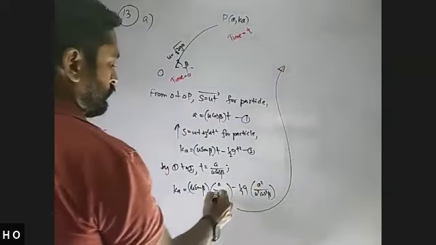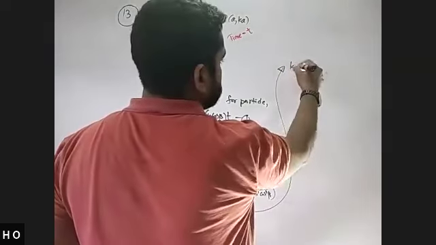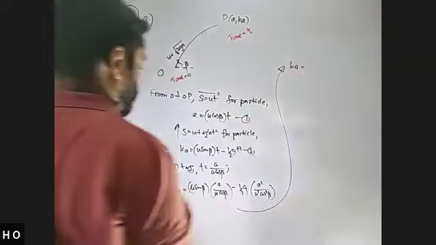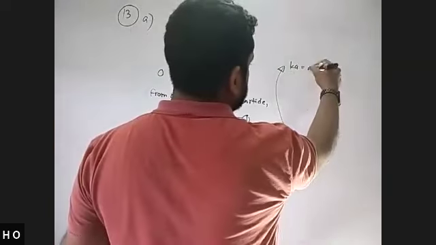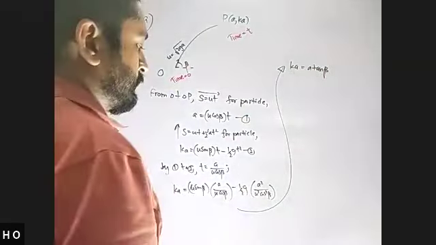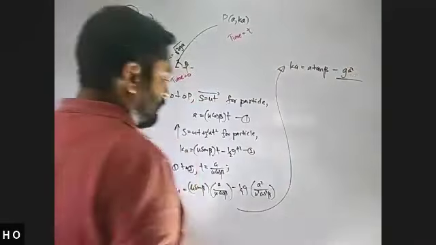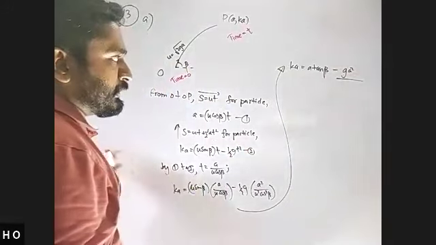Further, u can be cancelled out. This gives k equals a tan beta minus g a squared over 2u squared cos squared beta.